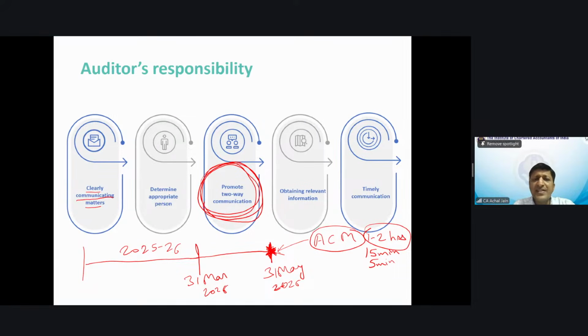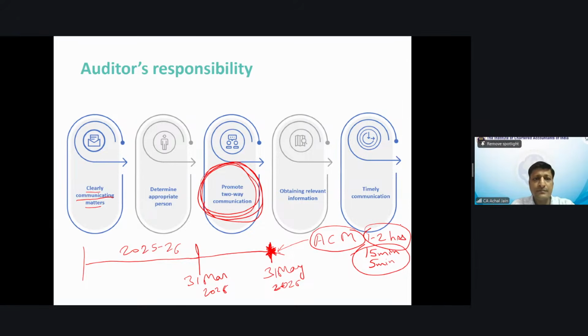So how is that discussed within this time slot? So is it really practically possible? Or if done, so will that be an effective communication between the two parties?